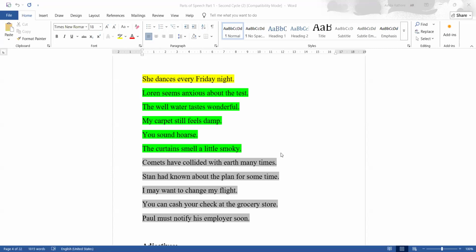That's it. Next come modal verbs. What are modal verbs? They are also known as the helpers. So, for example, the third sentence is, I may want to change my flight. You can cash your check. Paul must not notify his employer. I can say to you people, you should revise Brennan Martin.